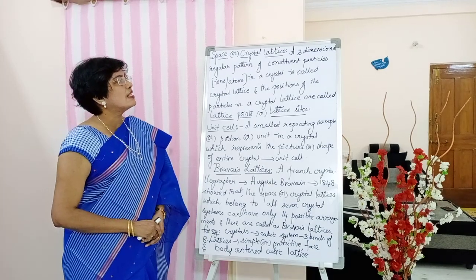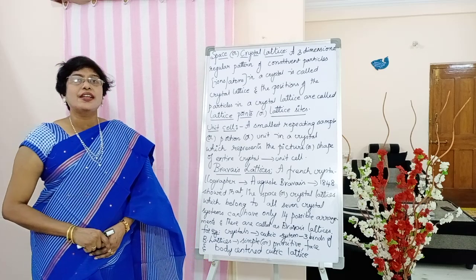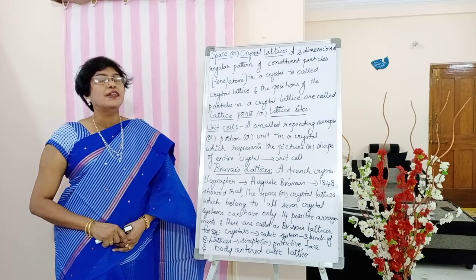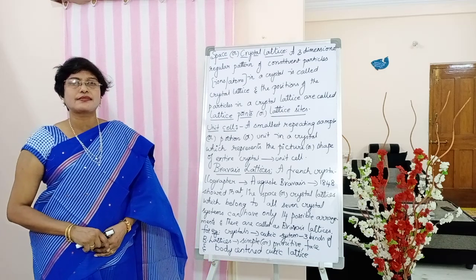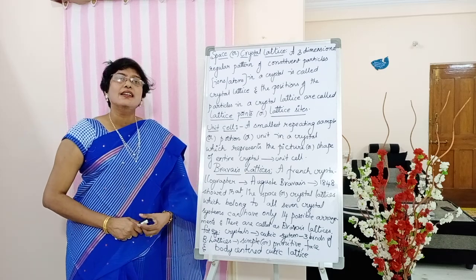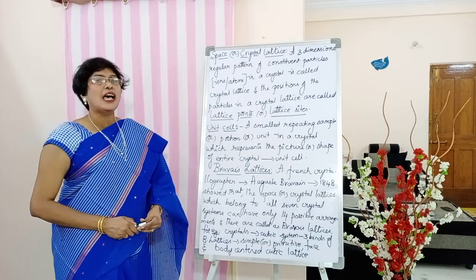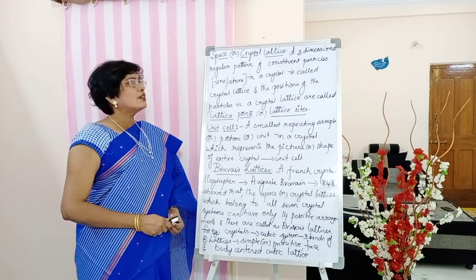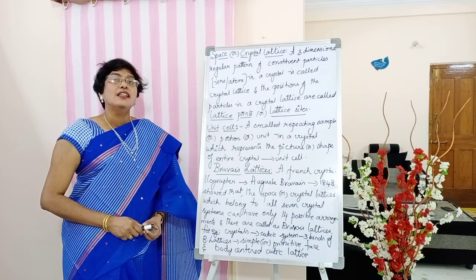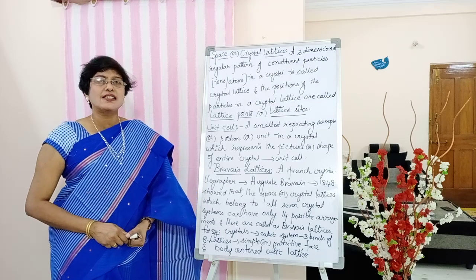Please write down, students, a 3-dimensional regular pattern of arrangement of constituent particles. In the brackets you mention ions or atoms or molecules. Close the brackets. In a crystal is called as crystal or space lattice.